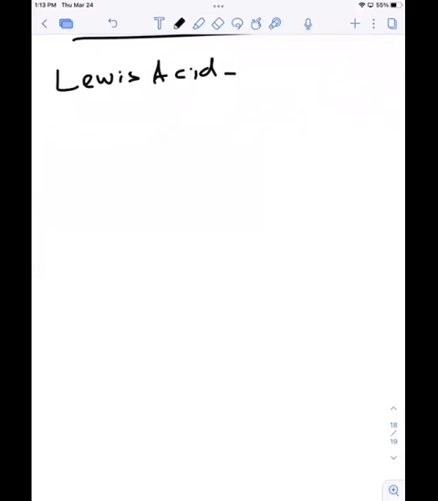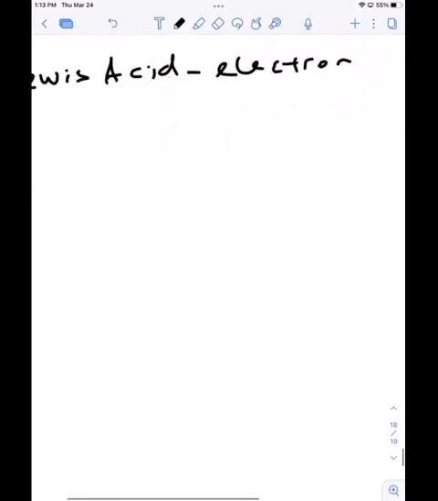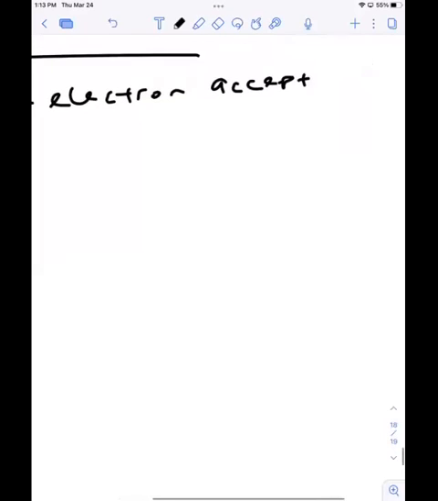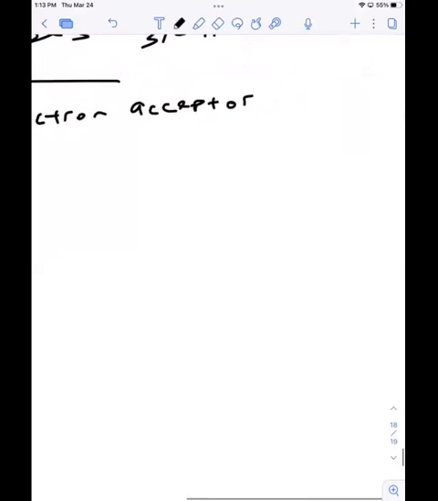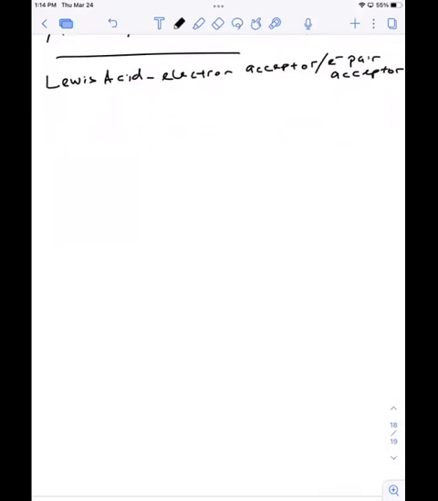A Lewis acid is basically an electron acceptor. Sometimes you'll also see it referred to as an electron pair acceptor. So any atom or ion that can accept electrons, we call it a Lewis acid.